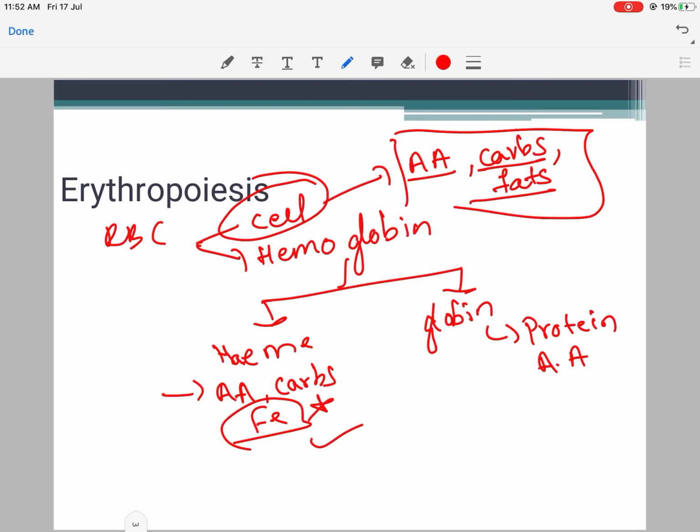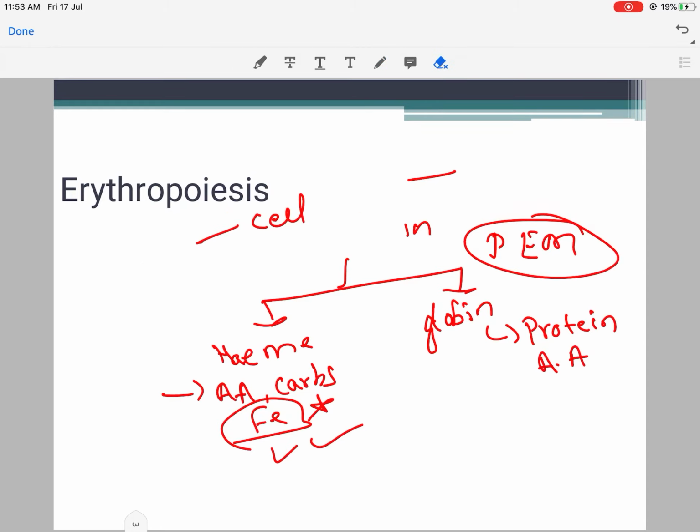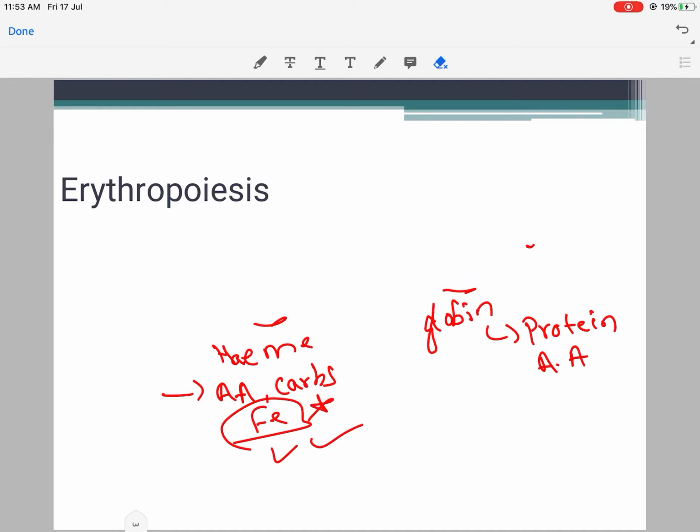So patients with protein energy malnutrition who are deficient in amino acid, carbs as well as fat will produce less amount of RBCs. Even if you give iron in them and don't correct the protein energy malnutrition, the patient's anemia will not be corrected. So all these things are important for production of RBCs. Now we will just learn how these things are absorbed.